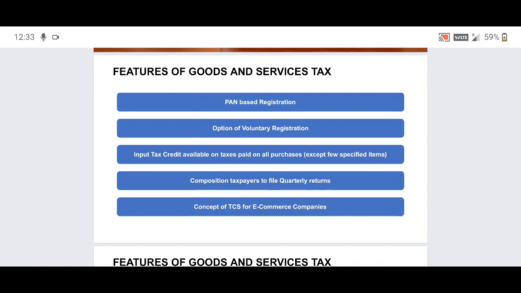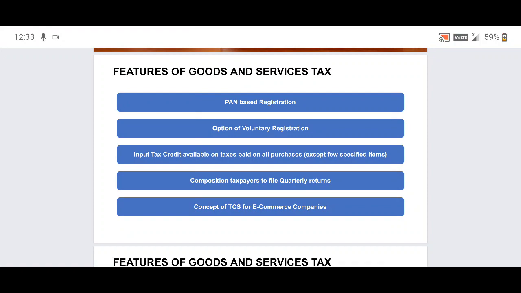If a person exceeds such specified limit of turnover, then that person is mandatorily required to have a GST registration number. So friends, if your turnover is not exceeding that specified limit, then also you can voluntarily apply for GST registration and there is no bar on the same.